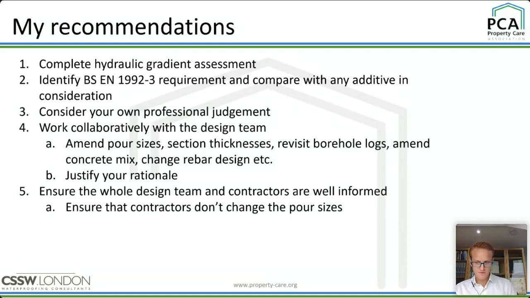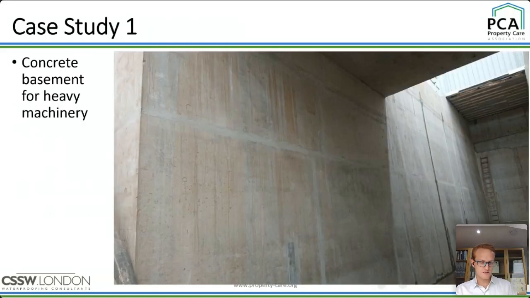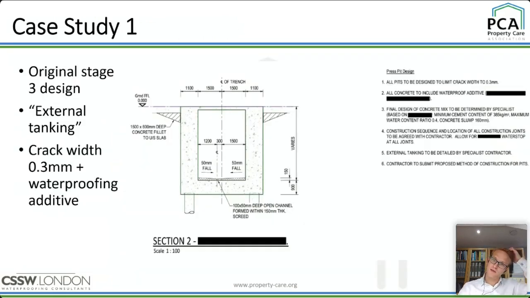And the first case study is from the north of England, and it's quite a deep basement used to house some heavy plant machinery. At RIBA stage 3, the structural engineers had come up with this design. I want you to notice that the wall section thickness there is very thick.